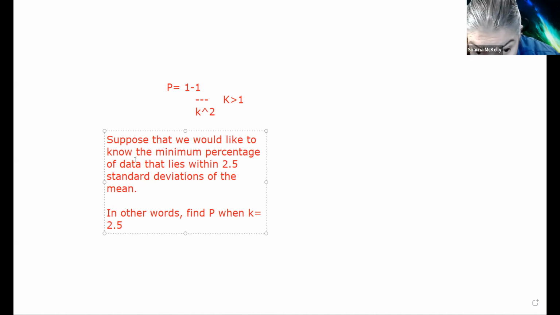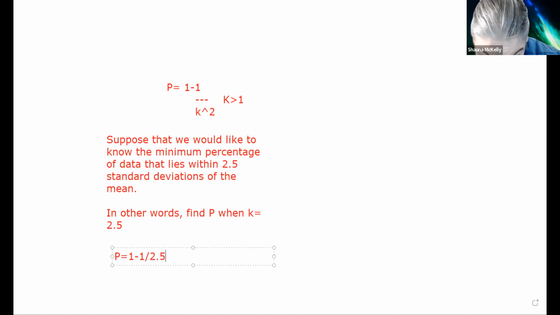All right. So in this case, the easiest thing to do, you could do some fractions and manipulate this and do the arithmetic, but your calculator will do it for you. So, let your calculator do the hard work. We believe you can do arithmetic. So we have P equals 1 minus 1 over 2.5 squared.